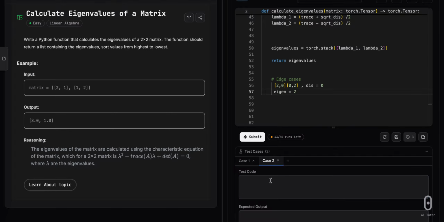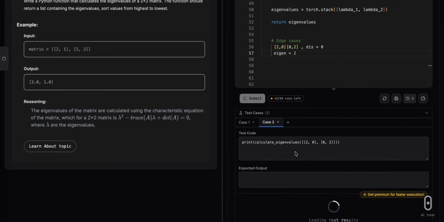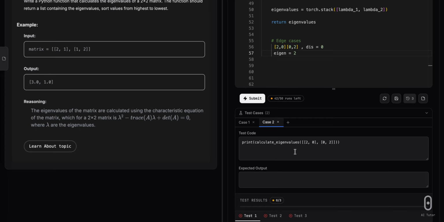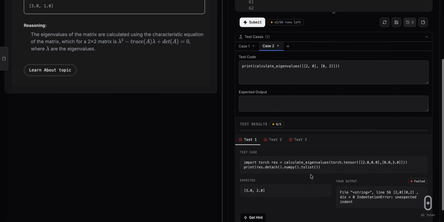If we print the eigenvalues of 2 0 and 0 2, our clamp, because min is equal to 0, will handle the negative 1e to the power noise, right?